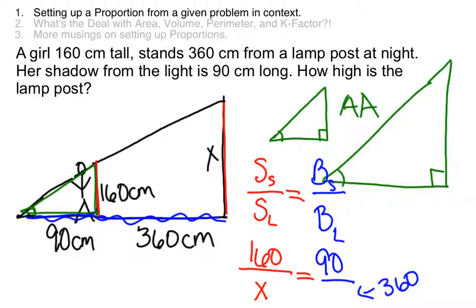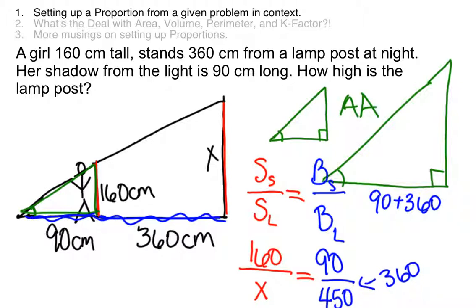Yeah, so on these two triangles, the green ones, if you were to relabel them, the bottom would be 360. The bottom would be what, 450? Yes, so it'd be the 90 plus the 360. All right. So finding them similar in terms of triangles first emphasizes the fact that we're looking at whole pieces here.